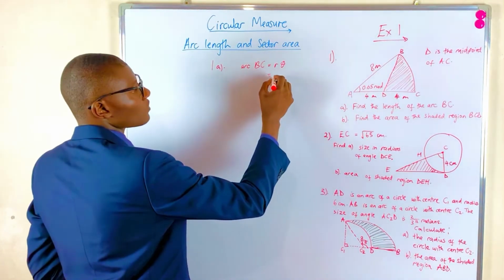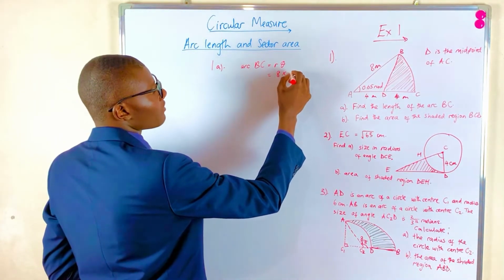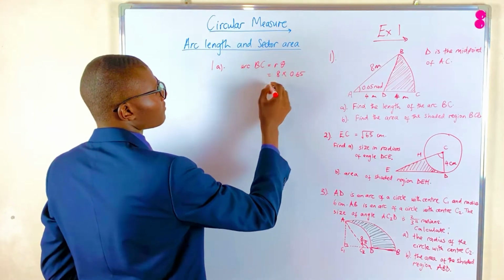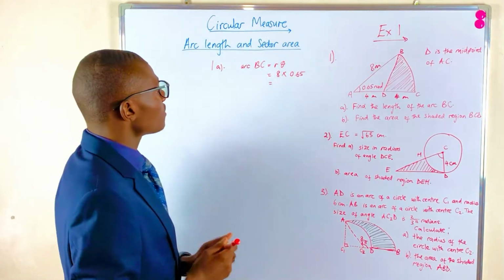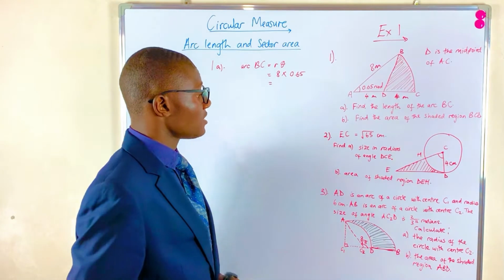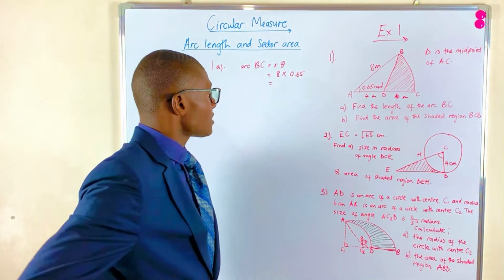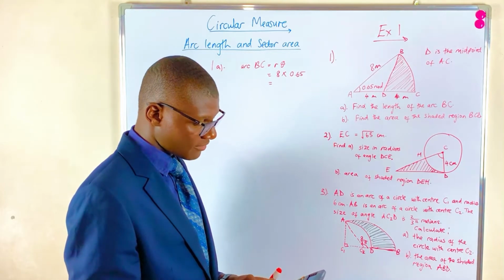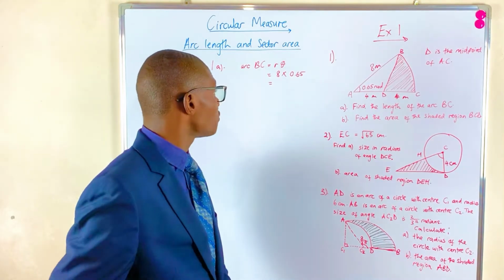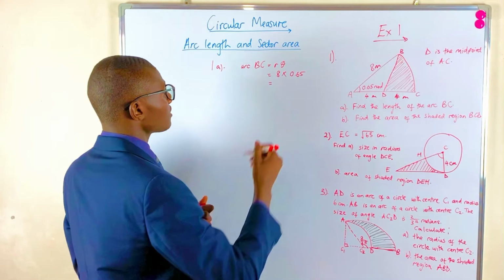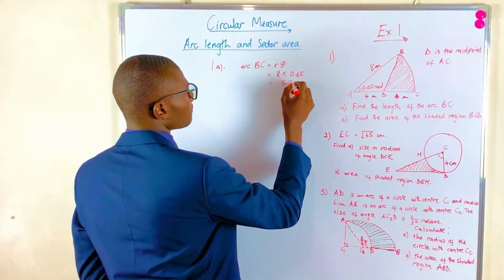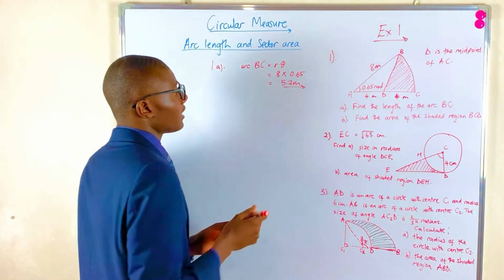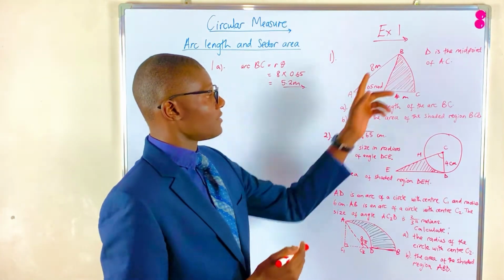So we're saying 8 meters multiplied by 0.65 radians. This shall give us the value of the arc BC. 8 multiplied by 0.65 radians, we get 5.2. So 5.2 meters is the arc length BC.